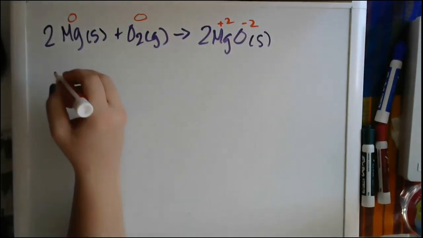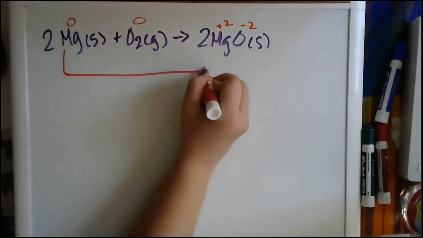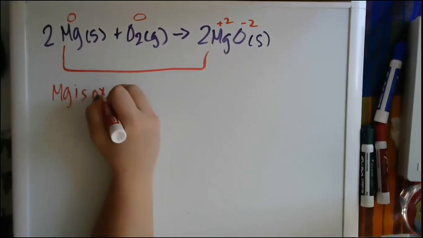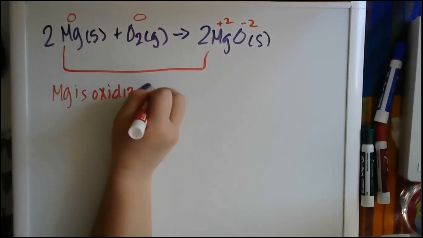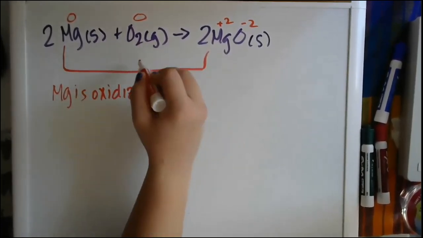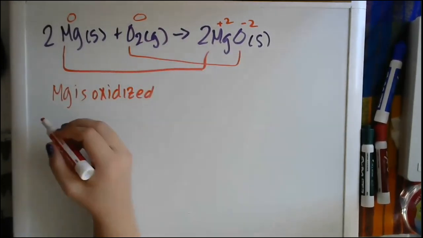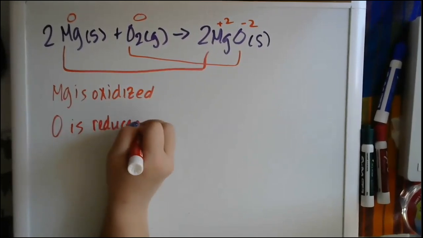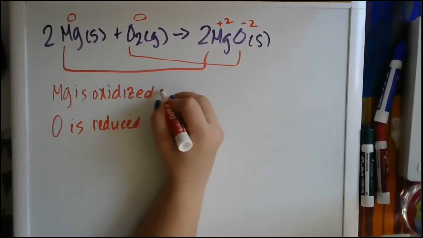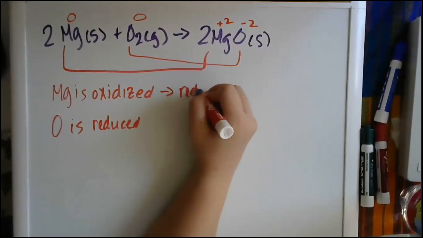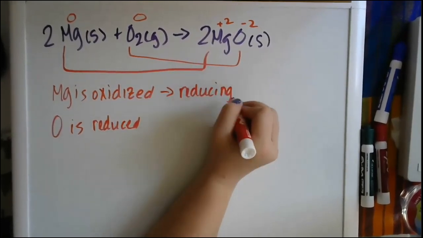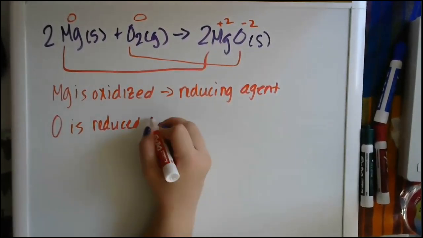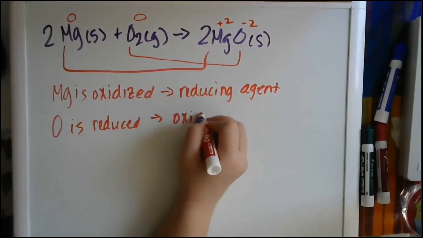All right, so now we can see very easily that the magnesium is oxidized, and the oxygen is reduced. If the magnesium is oxidized, that means that it is the reducing agent. If O is reduced, that means it is the oxidizing agent.